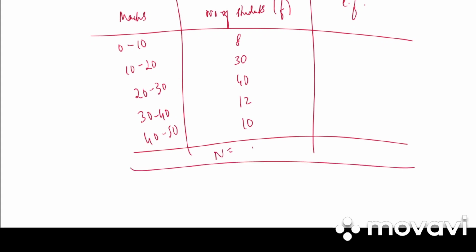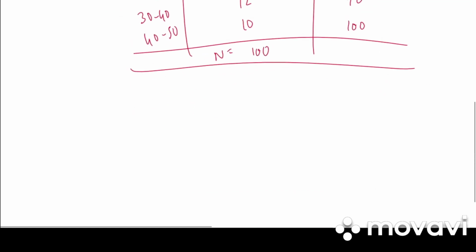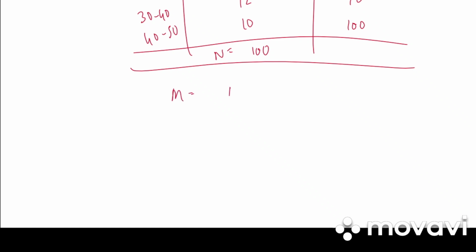So n is equal to 100. So 8, 30 plus 8, 38. 40 plus 38, 78. 78 plus 12, 90. 90 plus 10, 100.